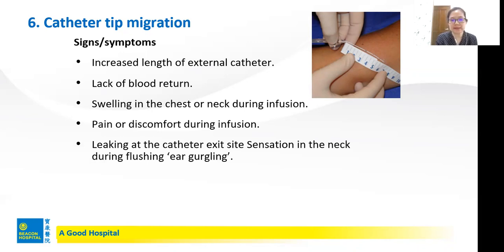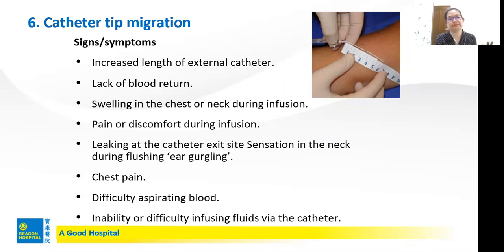Leaking at the catheter exit site, a sensation in the neck during flushing, like a gurgling in the ear. And some even complain of chest pain. So these are some signs and symptoms where you might suspect catheter tip migration. Okay, and difficulty in aspirating blood, inability or difficulty infusing fluids via the catheter.